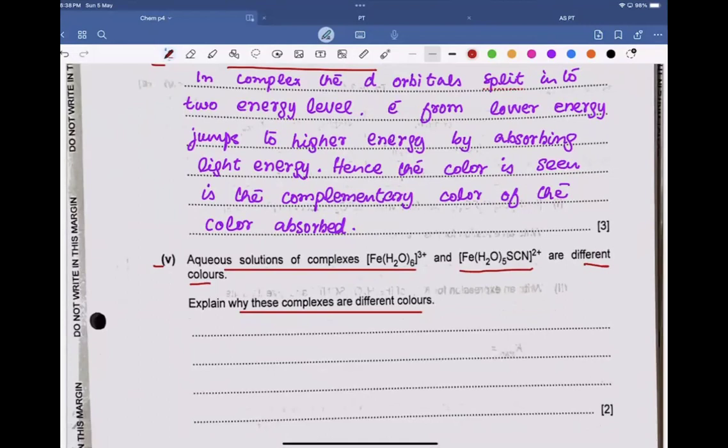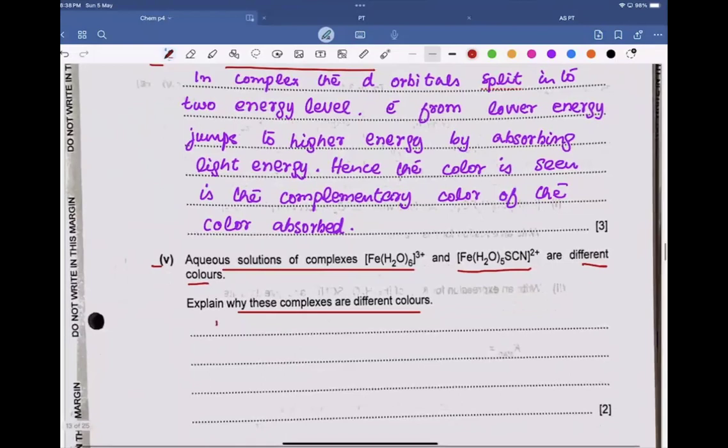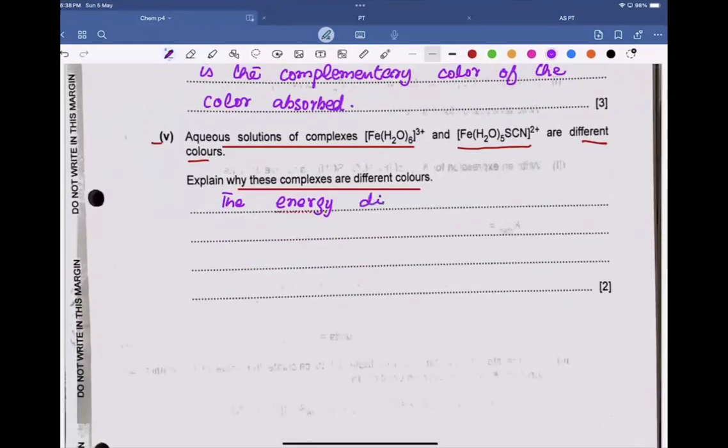So here what will happen is that the energy difference between the two sets of d orbitals differs due to different ligands.